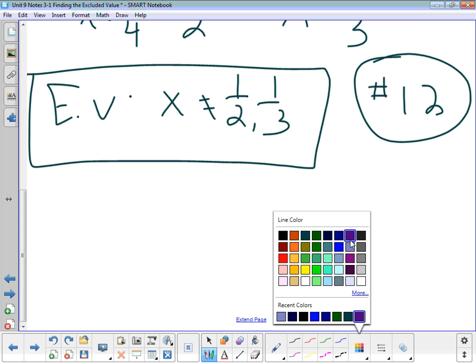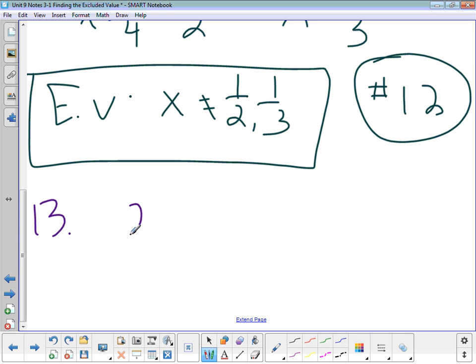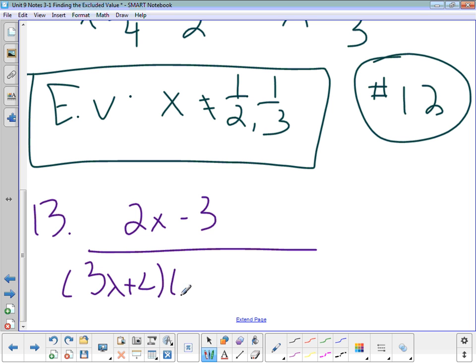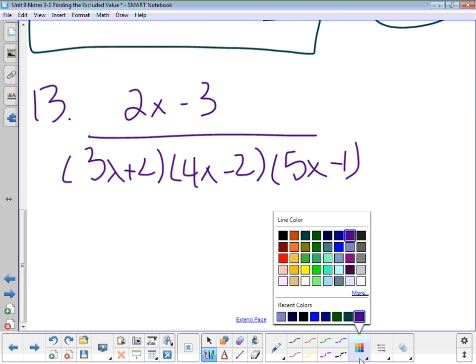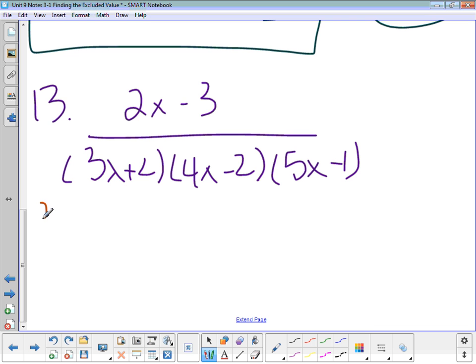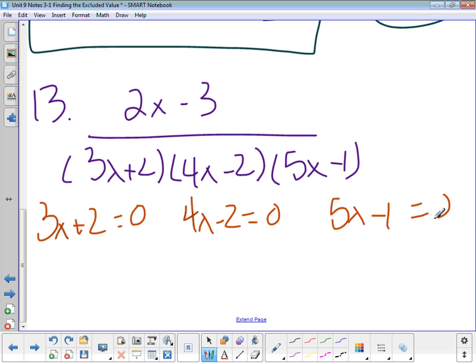Let's take a look at number 13. It looks kind of complicated, but it's actually not. Let's write this out. We have 3x plus 2, 4x minus 2, 5x minus 1. I'm going to set each of those equal to 0. So 3x plus 2 is equal to 0, 4x minus 2 is equal to 0, 5x minus 1 is equal to 0.